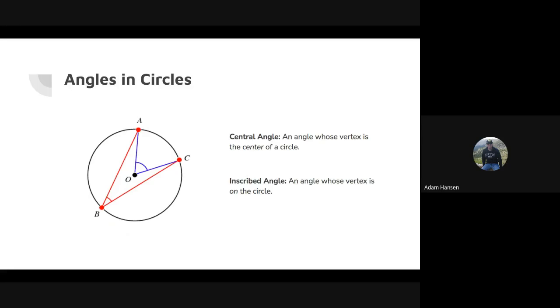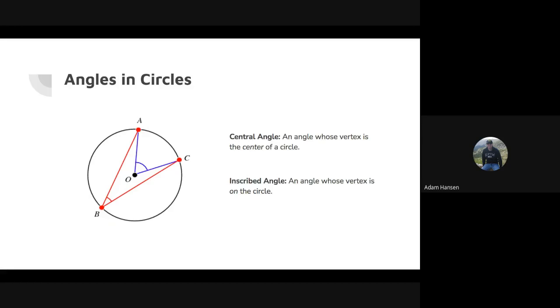Which one of these two angles, red or blue, is the central angle? Blue. So what's the vertex of the blue angle? Is it A, C, or O? Which one's the corner point, the vertex?